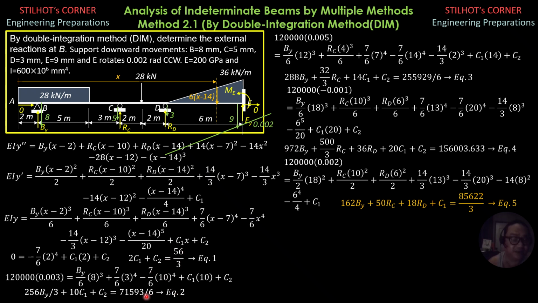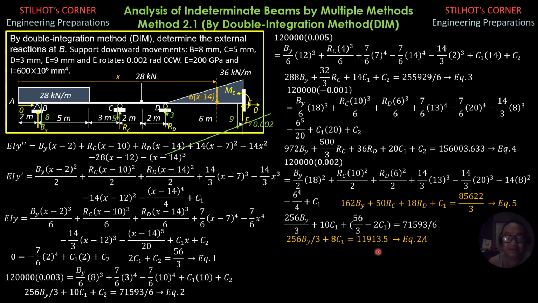Beginning at equation 2, we have 256 By over 3 plus 10 C sub 1 plus 56 over 3 minus 2 C sub 1 equals 71,593 over 6. So simplifying, 256 over 3 By plus 8 C sub 1 equals 71,593 over 6 minus 56 over 3. That's 11,913.5. Call this equation 2a because it comes from equation 2.